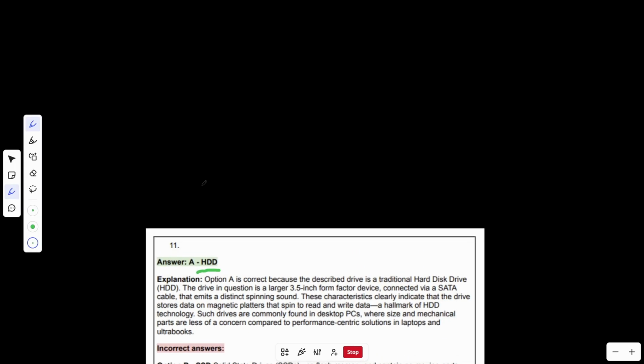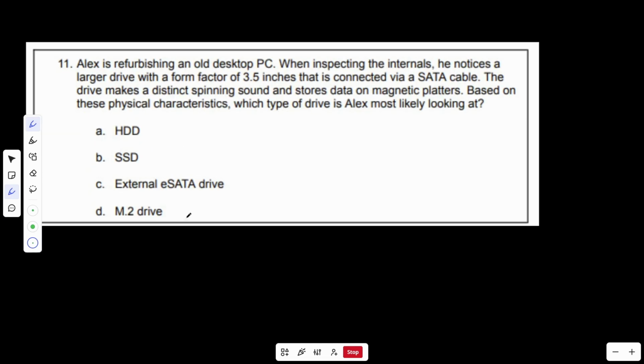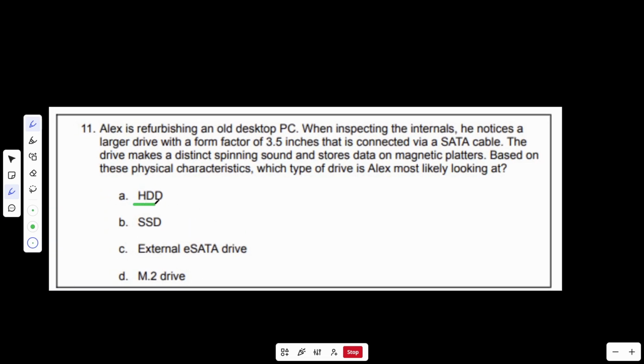So pause and read that if you want to, but I'm just going to give my own verbal explanation, right? A hard disk drive has physical components, right? So he noticed a large drive with a form factor of 3.5 inches connected via SATA cable. So far, this could be SATA, that could be SSD as well, but it makes a distinct spinning sound. We know a hard disk drive has a spinning platter, so that really gives it away.